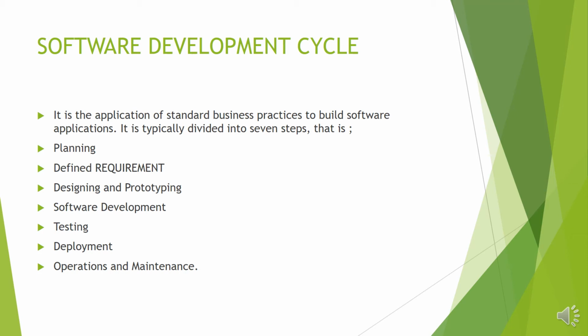We have the planning. In our normal society, in whatever we do, we have to plan first before we go on with our ideas, before we build up whatever we want to do. That is the planning. And we have defined requirements. While you are developing this software, you have to meet some requirements before you can develop it.